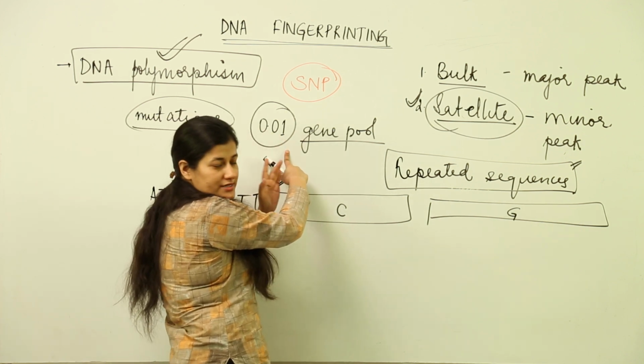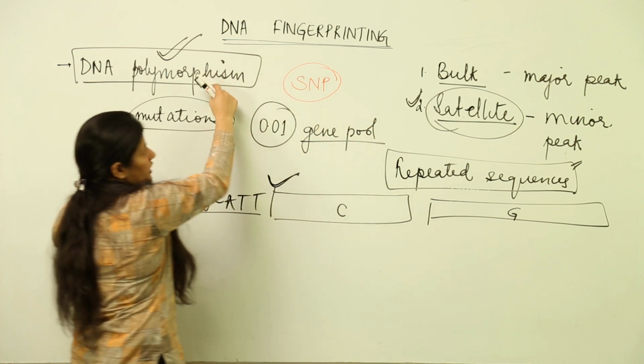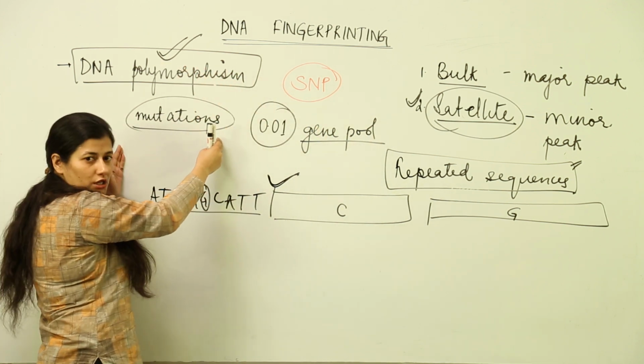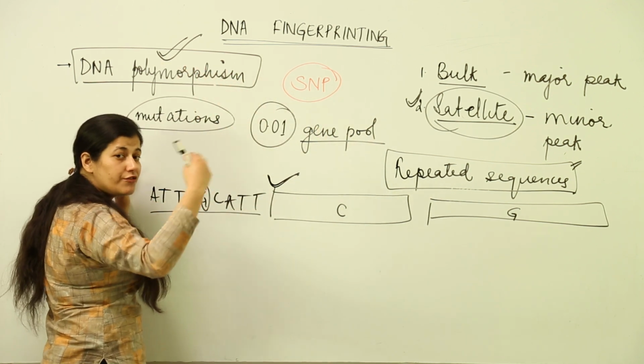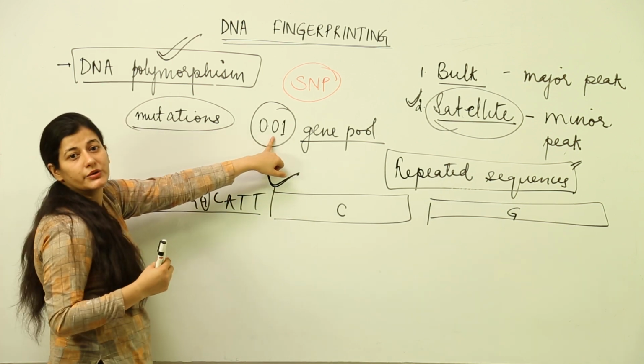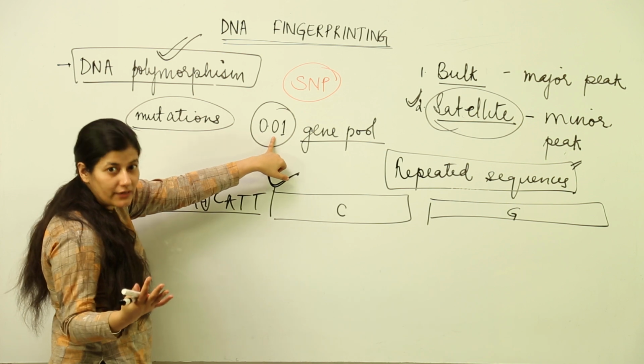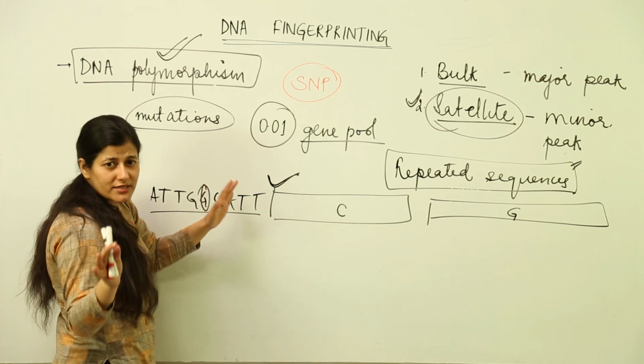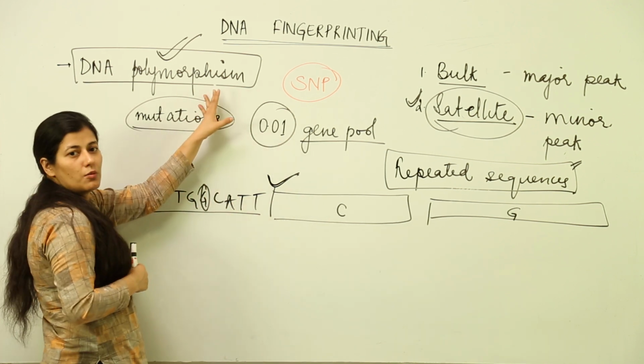If it is this much present, then in the gene pool it is known as polymorphism. Basically, it is a mutation that, if inherited from one generation to another and contributes as much as this much value in the gene pool for a given allele which does not express itself, then that is known as polymorphism.